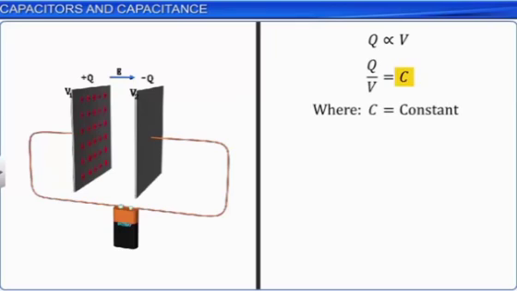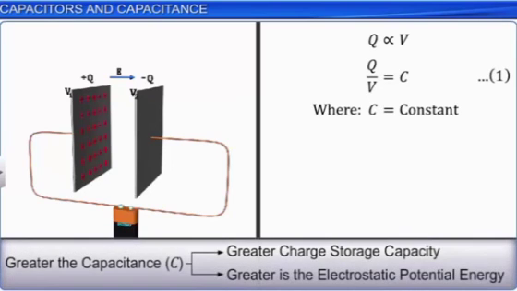Let this be equation 1. Capacitance C of a capacitor is its ability to store electric charge. Greater the capacitance C of a capacitor, greater is the charge it can store, and hence greater is the electrostatic potential energy.